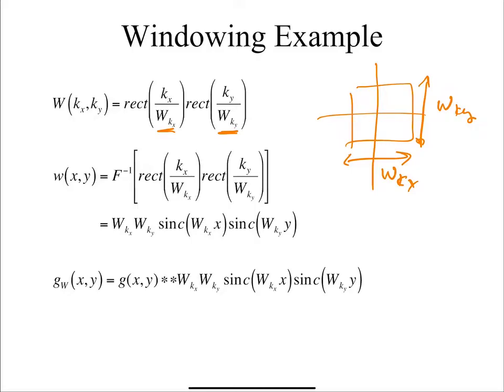All right. So W stands for the width of the window. If we do the inverse transform of that, what we're going to find is our overall image at the end is the object we cared about convolved with these sinc functions. Okay, a sinc of Wkx x and a sinc of Wky y. So two one-dimensional sinc functions, sorry.